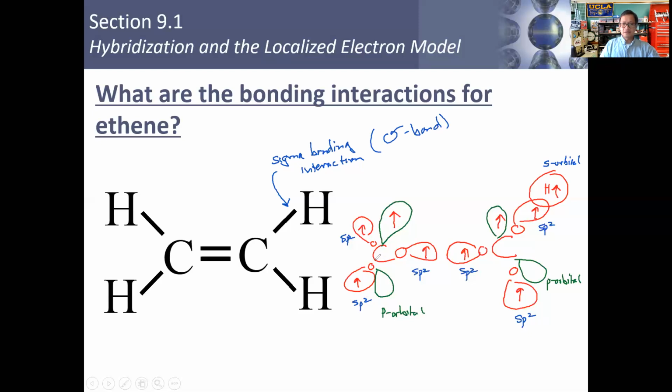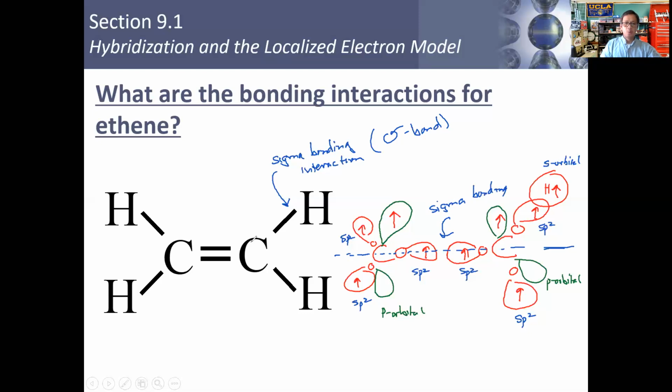Okay. So if you take a look at this particular interaction, you're going to see that these two hybridized orbitals, when they overlap and that forms one of the bonds here, overlap in a manner where you can draw a straight line through them, which means this interaction is a sigma bonding interaction as well.